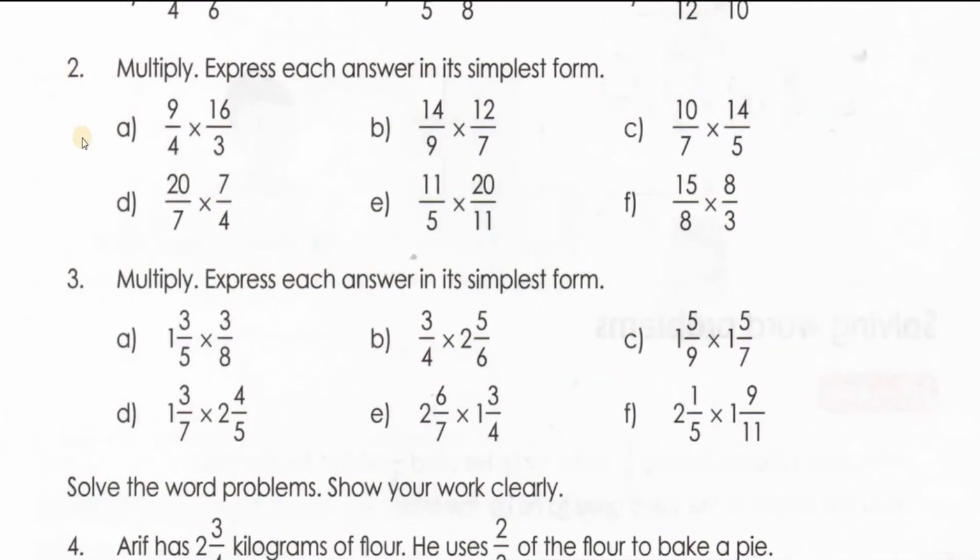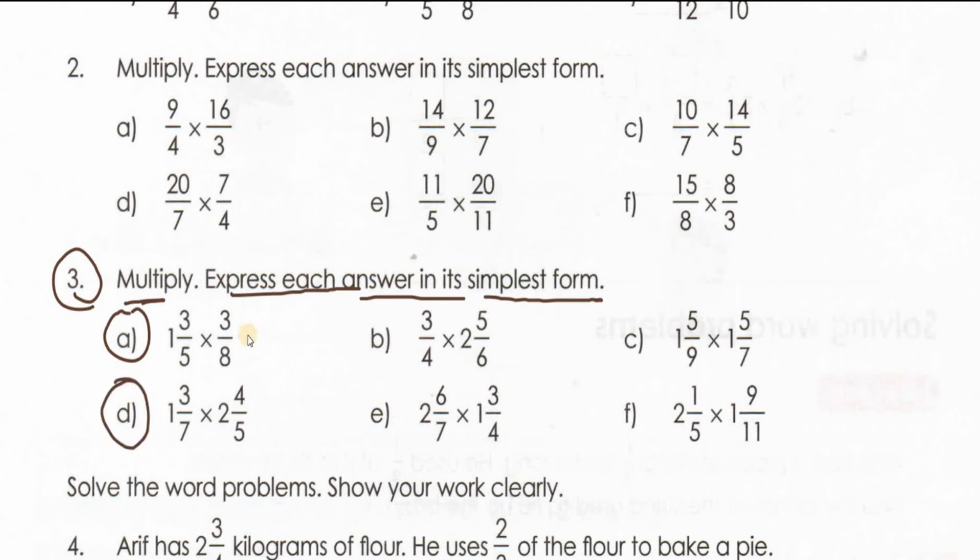Now on the same page number 88, we have the third one. Multiply, express each answer in its simplest form. Here I'll do A and D, the remaining you please do by yourself. The question A is 1 3 by 5 into 3 by 8.